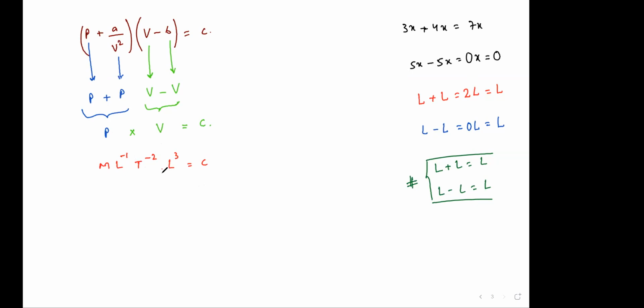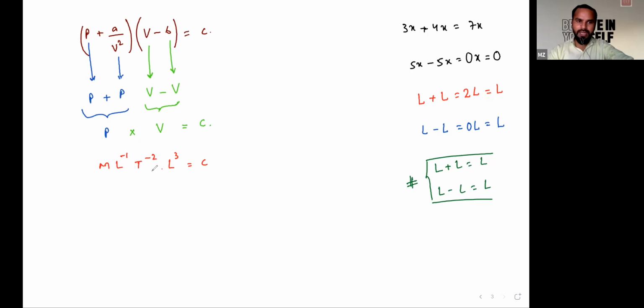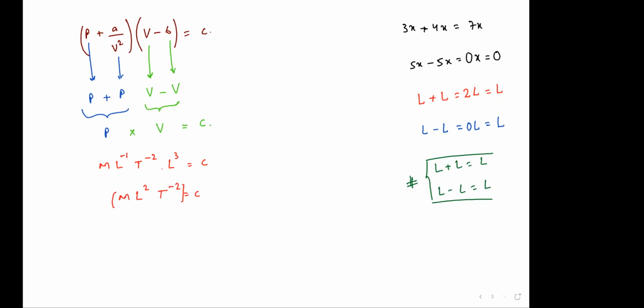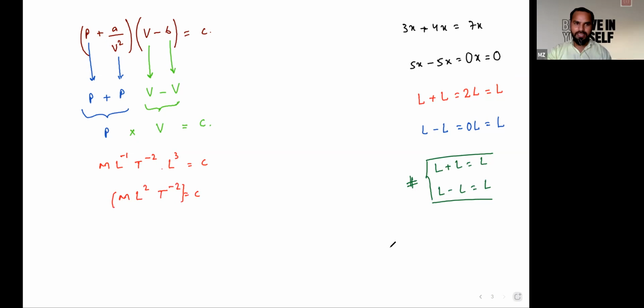They are in multiplication, so powers will be added. -1 plus 3 gives ML^2 T^-2 equals C. Okay, Aisha? Yes, sir. I came to know where I made the mistake. Thank you, sir.